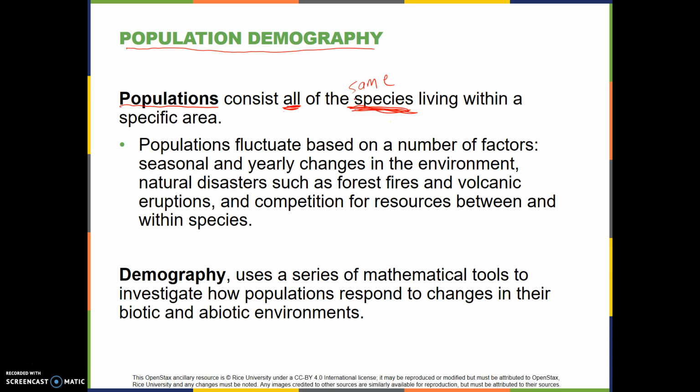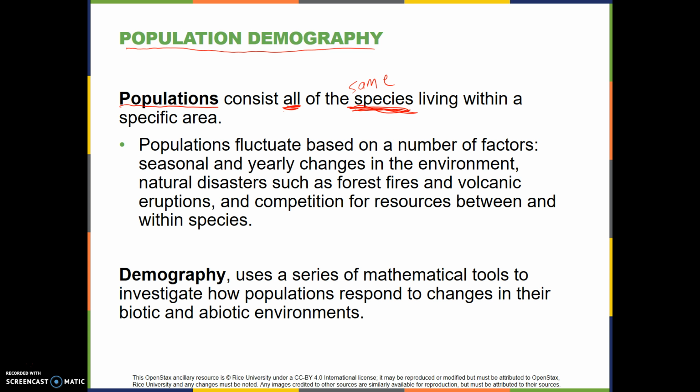So we can talk about the population of largemouth bass in a lake, but we can't say the population of fish in a lake. So population is defined as referring to members only of the same species that live within a specific area.